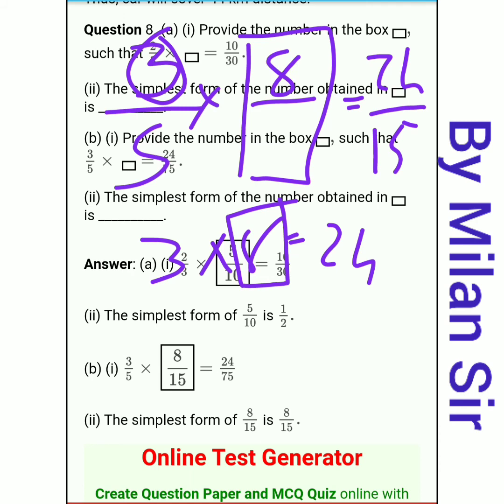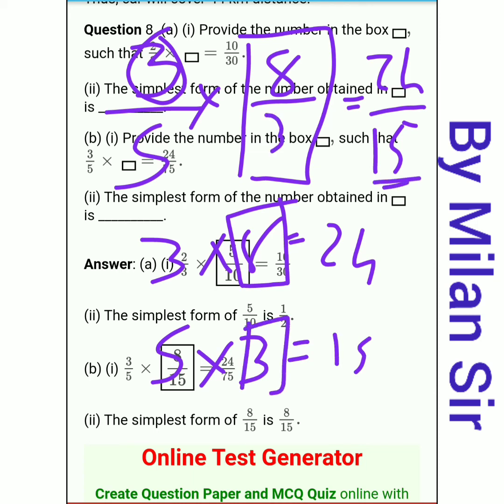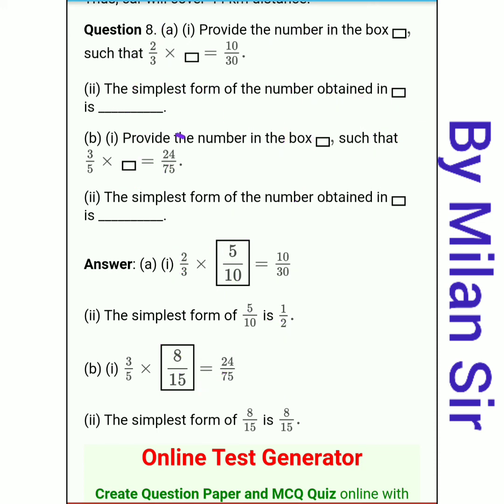Same thing for the table of 5. So 5 threes are 15, because on the right hand side we have 15. So here we need to put 3. So our answer is 8 upon 3. Sorry, I made one mistake here. It is 75. Here 75 is there.